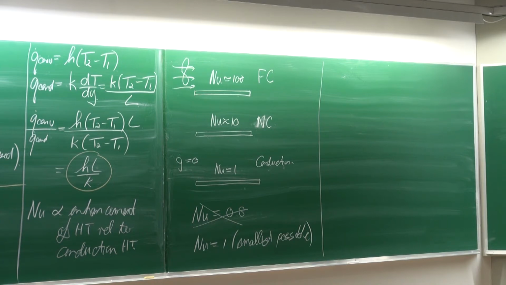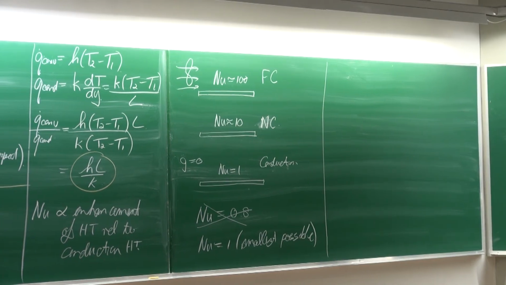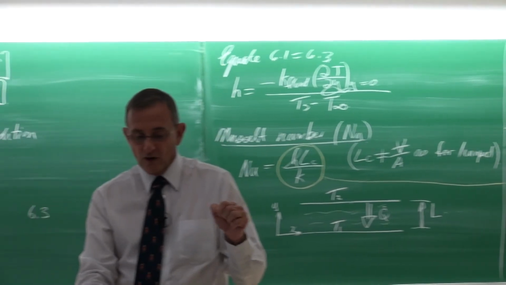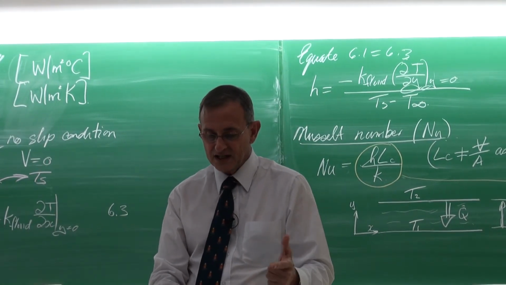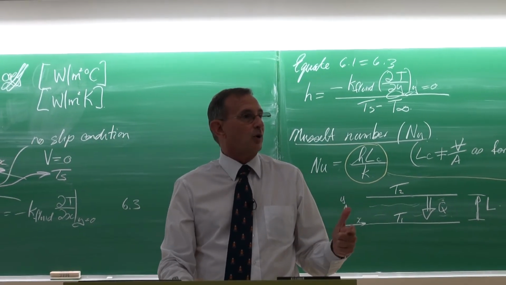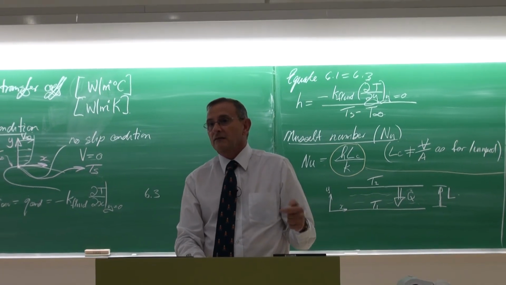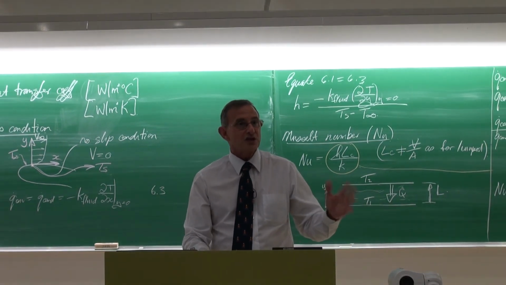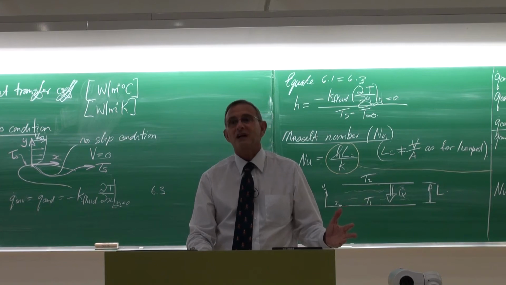Okay, now paragraph 6.2 in your textbook, I'm not going to do in detail because you've already done it in fluid mechanics. It is just a revision of viscous versus inviscid flow. What was viscous flow again? Viscous flow is where the viscosity is not equal to 0.